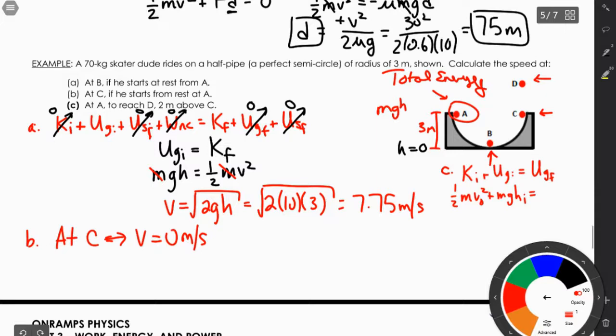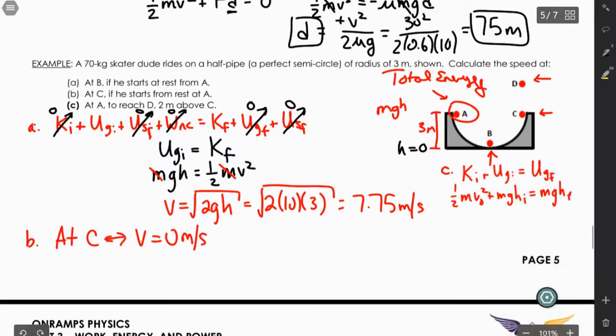And now you do have to recognize that there is going to be a height difference. And so masses cancel, and the formula breaks down to be V0 equals the square root of 2g times the difference in height, the final minus the initial height.